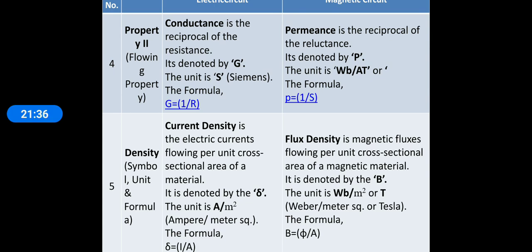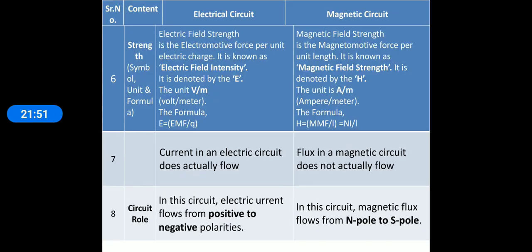The formula of magnetic flux density is B equal to phi by A, where A is the cross sectional area and phi is the magnetic flux.